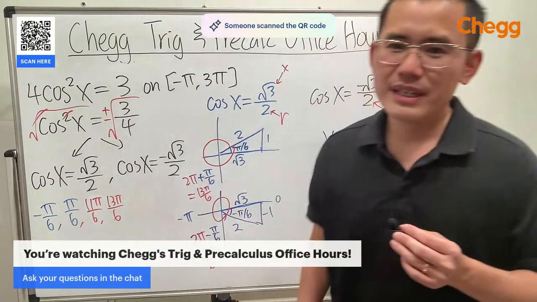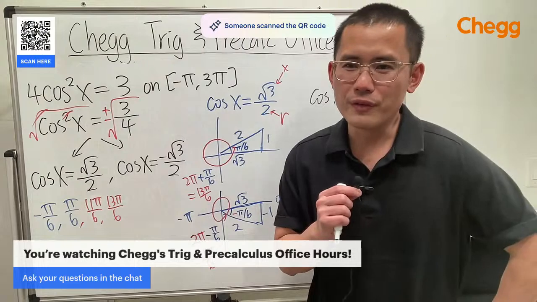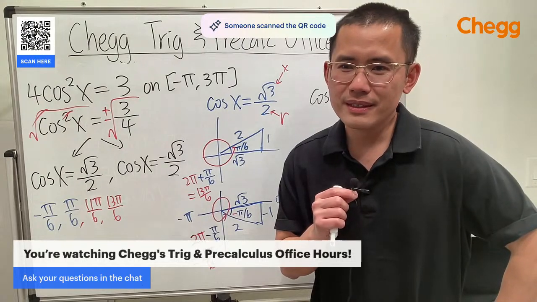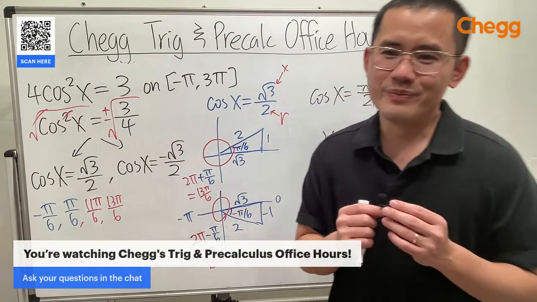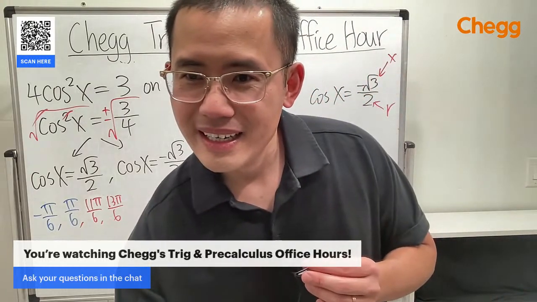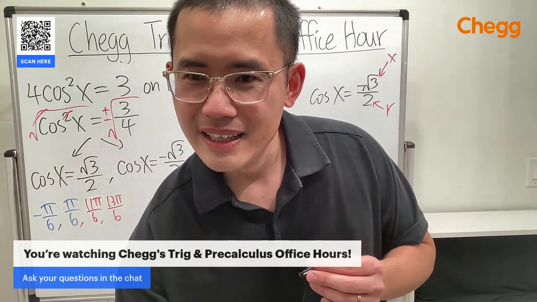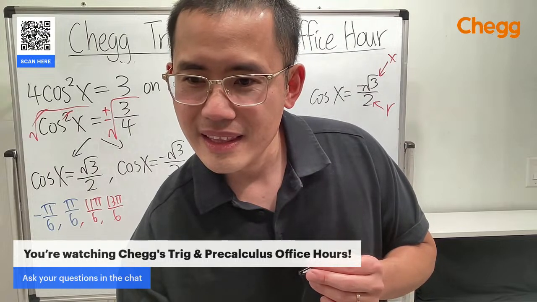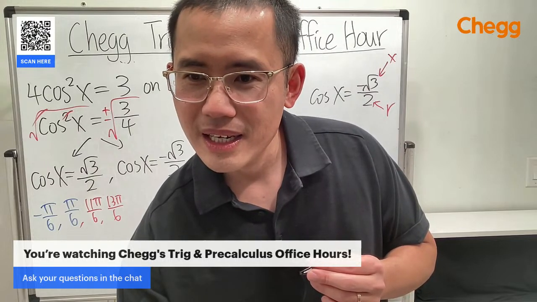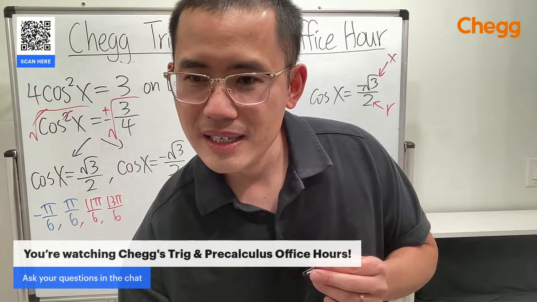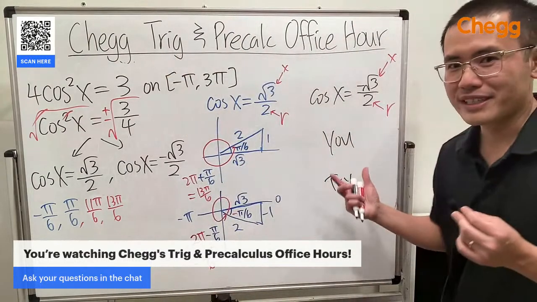Okay, let me see. If secant A is equal to 5 over 4, verify that. Again, I know a lot of you guys are answering this question.